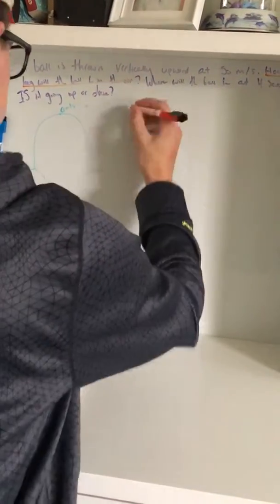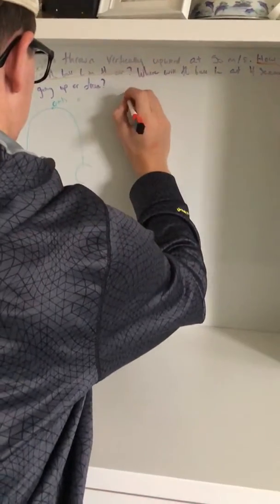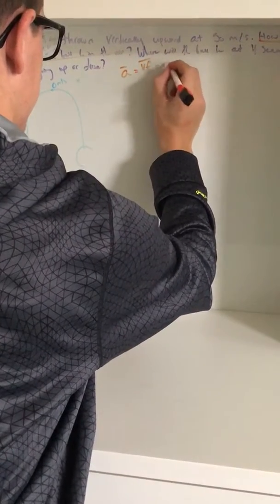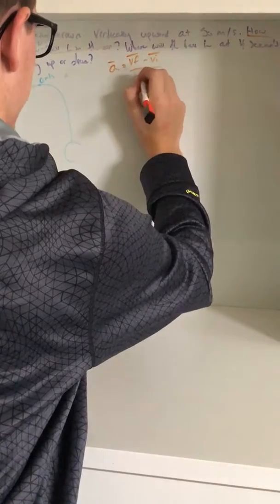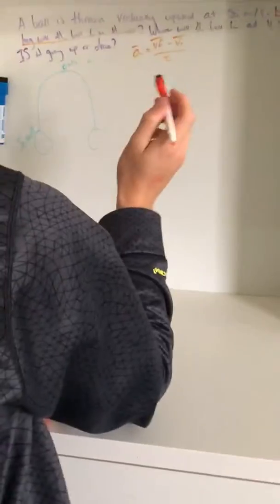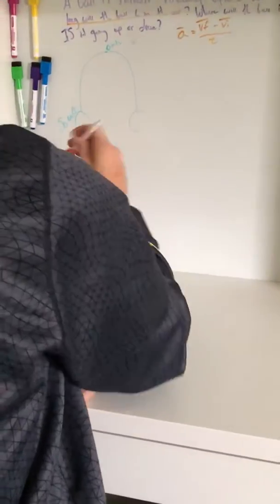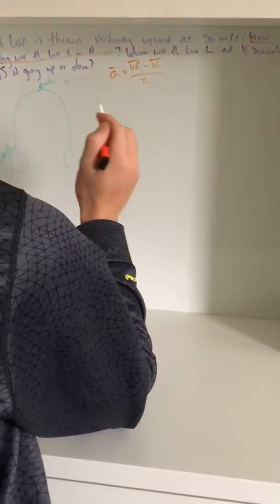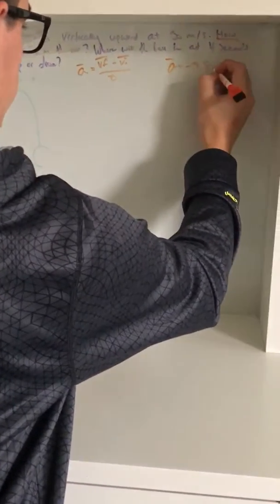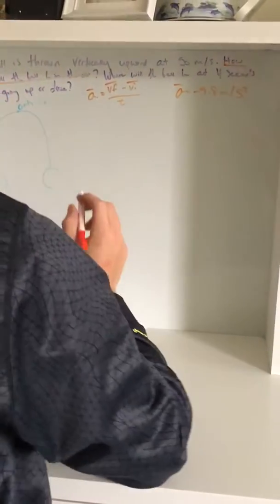So to do that, we are going to need the acceleration formula, which is acceleration equals velocity final minus velocity initial over time. Looking at our diagram and the problem, our initial velocity is 50 meters per second, and we always know our acceleration is negative 9.8 meters per second squared.